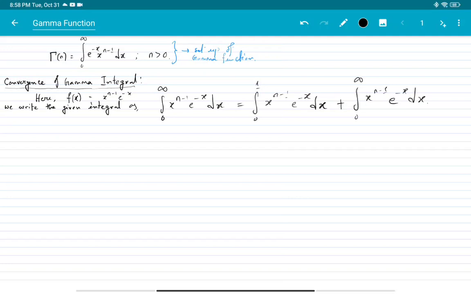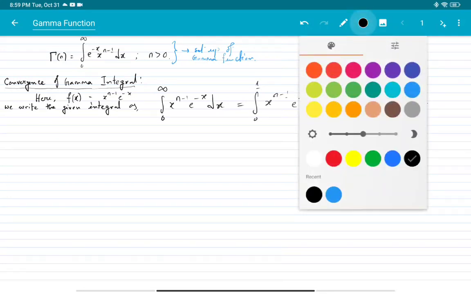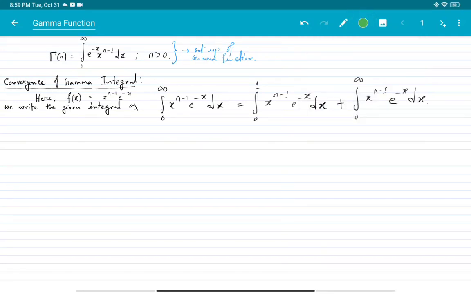So first consider the integral from 1 to infinity. When n is greater than 1, this is a proper integral, and you know that.